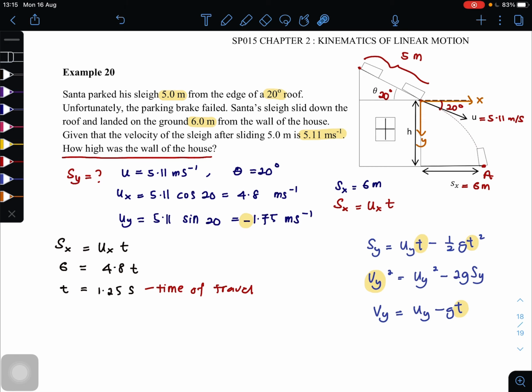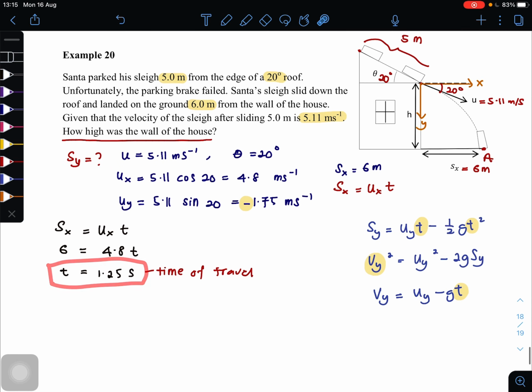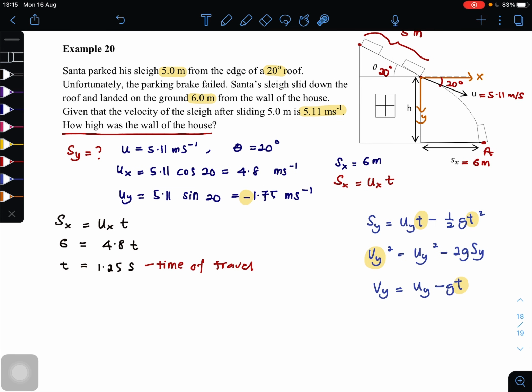Okay, now that we have the value for t, which is important in order to find the value for SY, we can immediately use the first equation, the easiest one. If we use the first equation, we directly get the value for SY. So SY is equal to UY t minus half g t squared. So you need to get used to writing the equation first, then substitute. We always write the equation, then substitute, and then the final answer.